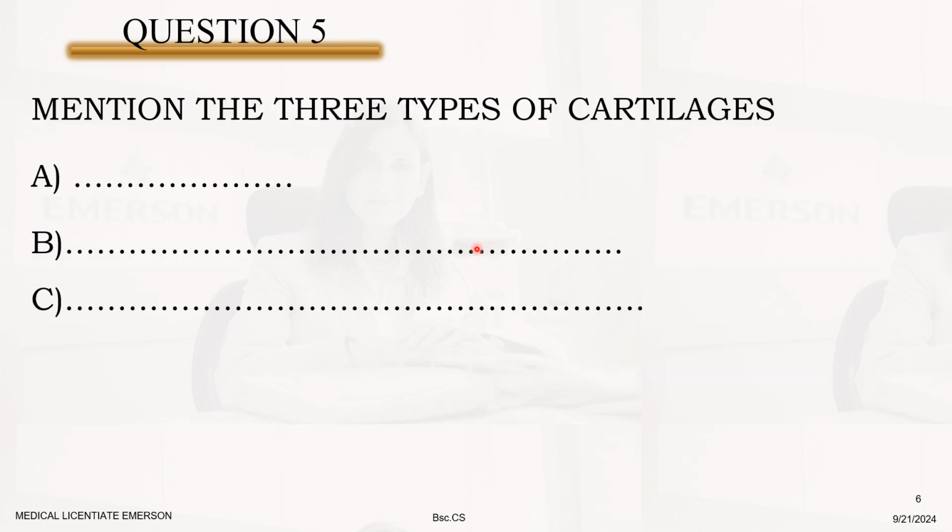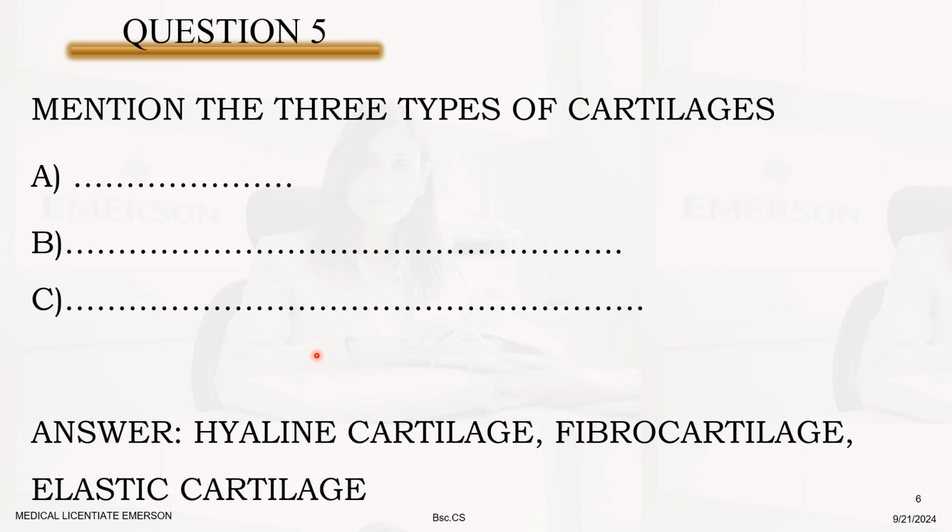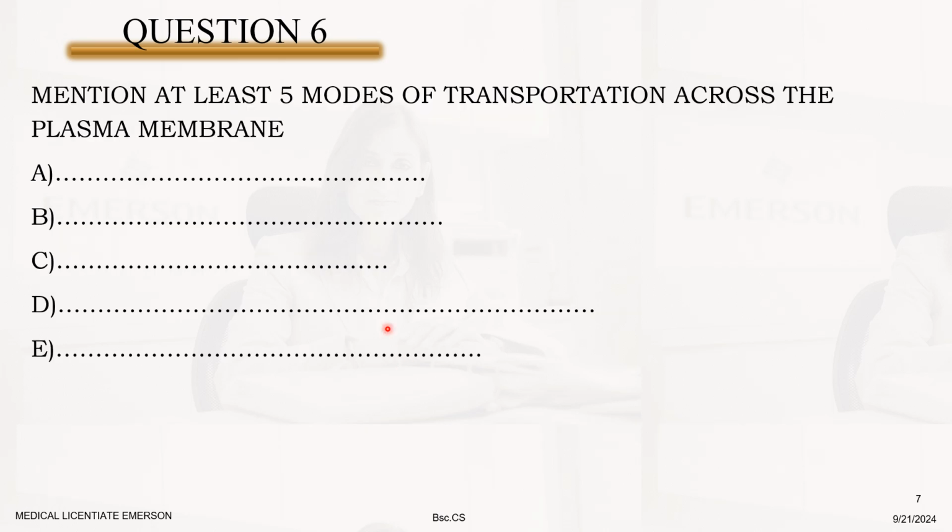Then mention the three types of cartilage. We have hyaline cartilage, fibrocartilage, and the elastic cartilage. Then mention at least 5 modes of transport across the plasma membrane.